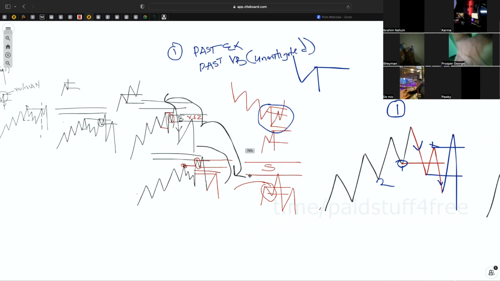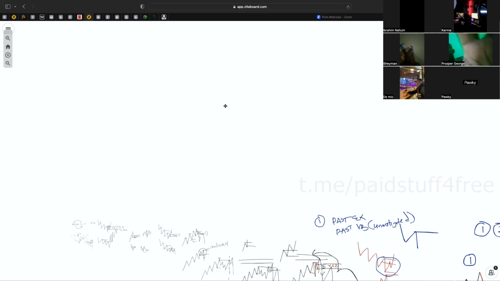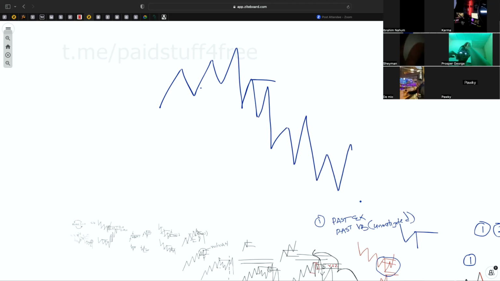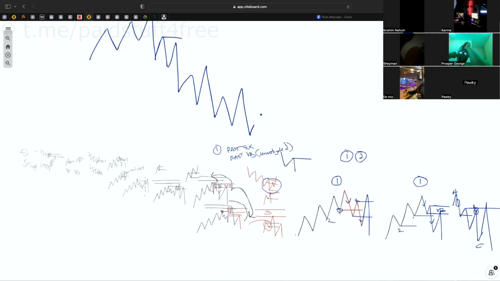What does that mean? We all know that I said when the market is moving like this, break structure, pullback, this is an external liquidity, then it's sell off. So now imagine the market does this, then it keeps going into the future.